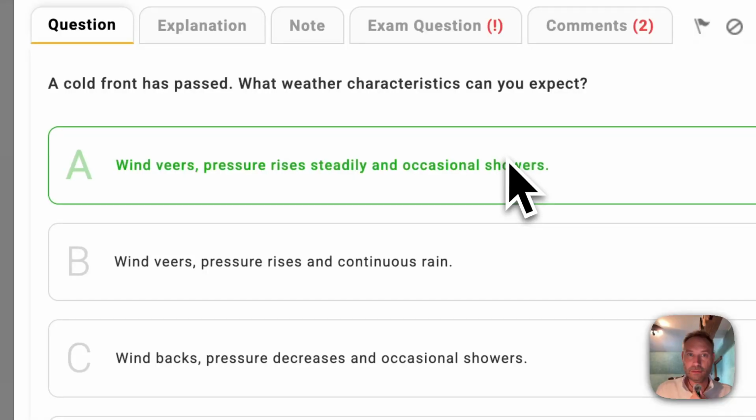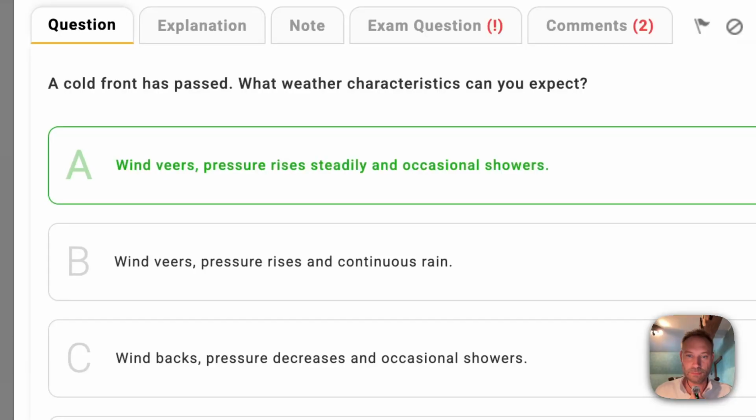Okay. Third thing here, the question asks about what happens in terms of precipitation, and we have the choice of occasional showers or continuous rain, basically. Okay, so why is the good answer occasional showers?